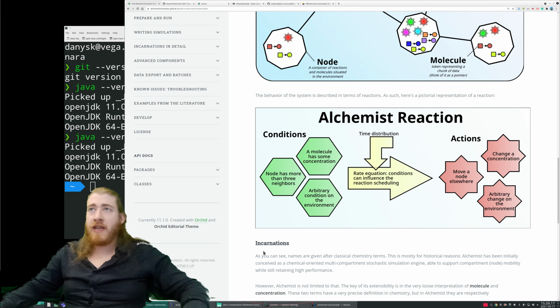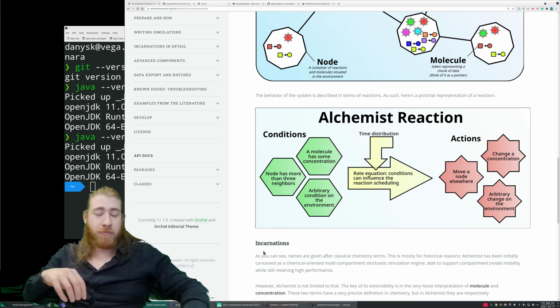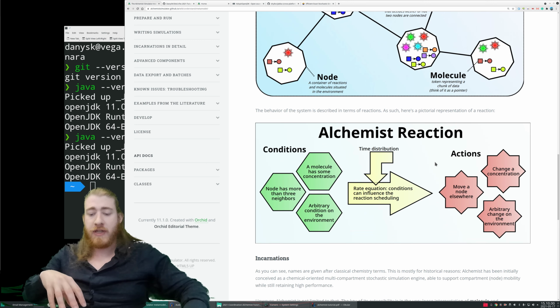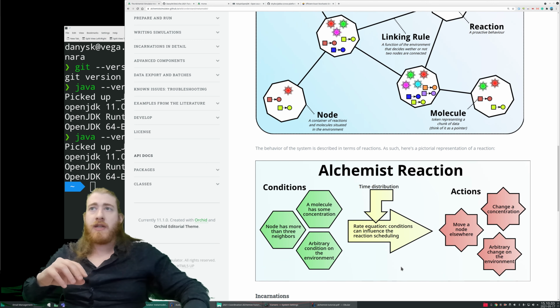Of course, the original engine was not supporting this kind of model, which is way richer. In the original work, it's plain chemistry, so there's a single container of molecules, concentrations are plain integers, and the whole algorithm is optimized in order to speed up the execution of these reactions.